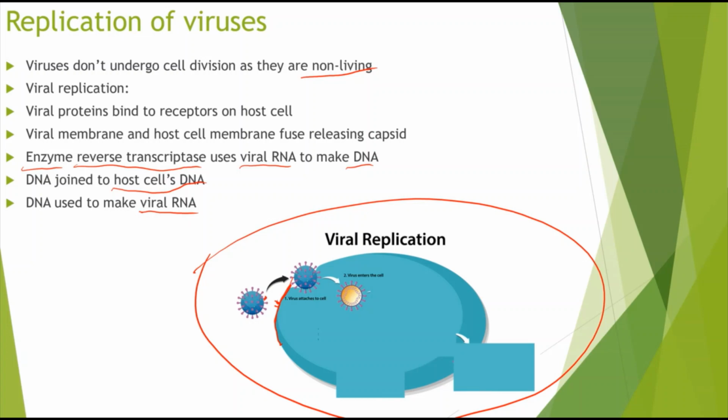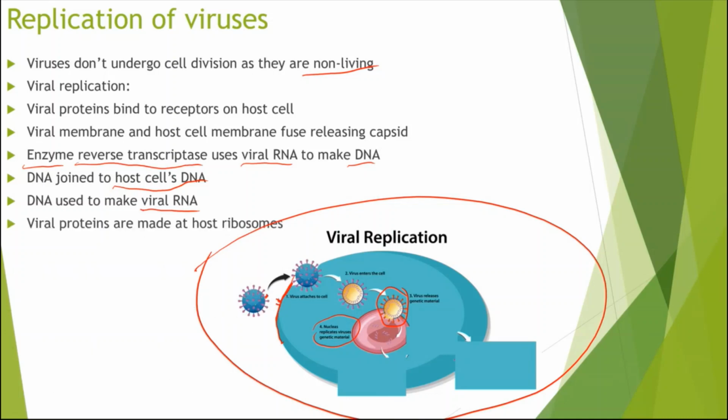As you can see in the diagram, we had this virus which released the enzyme reverse transcriptase. It released its viral RNA, and this viral RNA was converted into DNA, and now the cell replicates and it produces the viral RNA now.